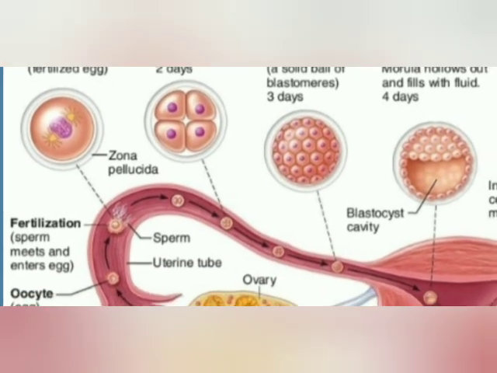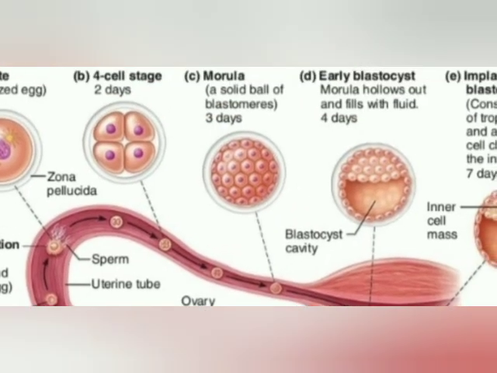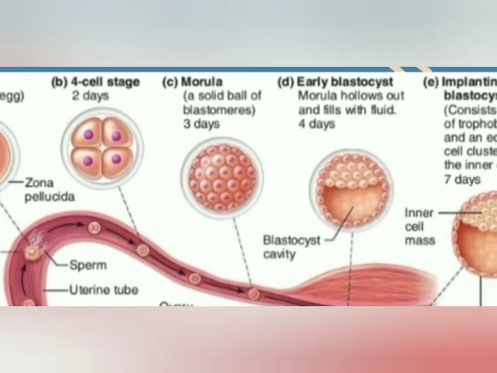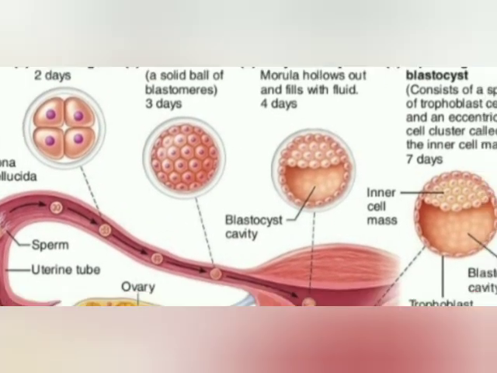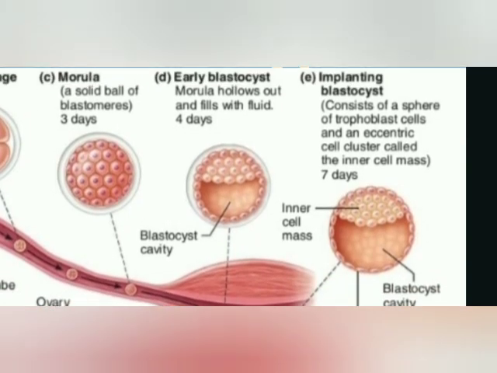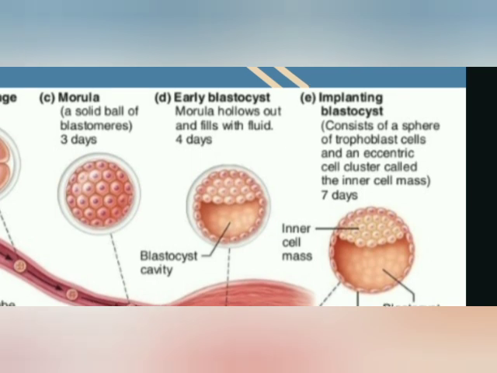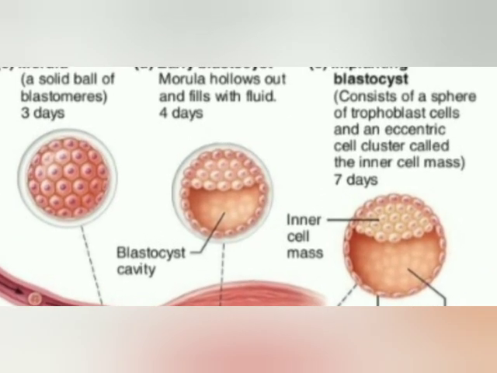After that, a series of mitosis occurs. Then it is called a blastocyst, and a series of blastomeres is what we call a morula. The morula hollows and fills with fluid after 4 days.